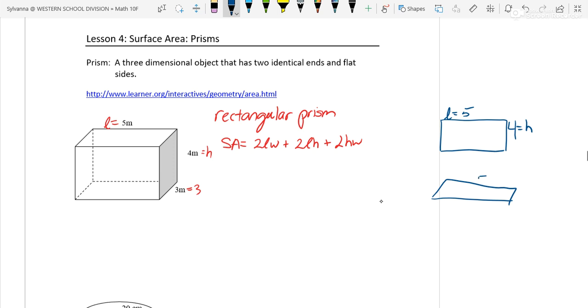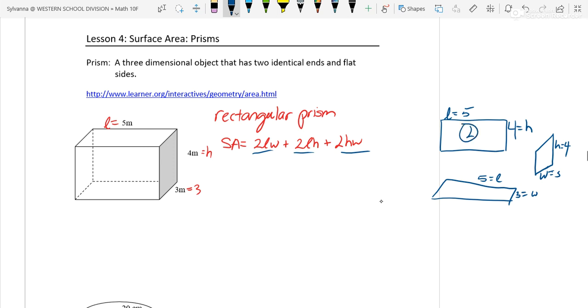This one's 5 with a width of 3. And then I have my last face here on the side with a height of 4 and a width of 3. So this is where the 3 formulas are coming from, and we're going to times them each by 2 because you have 2 of those.